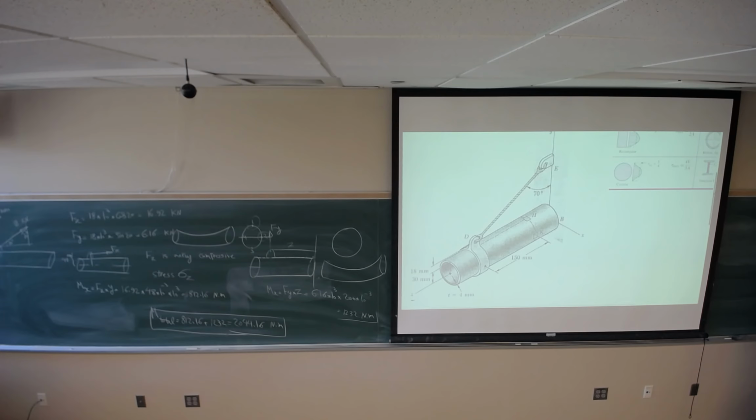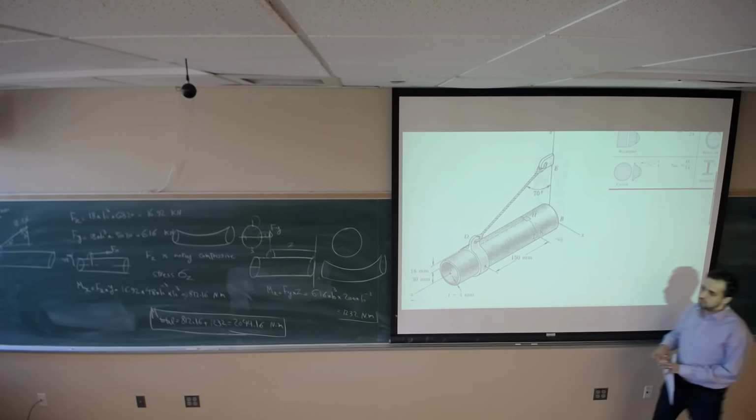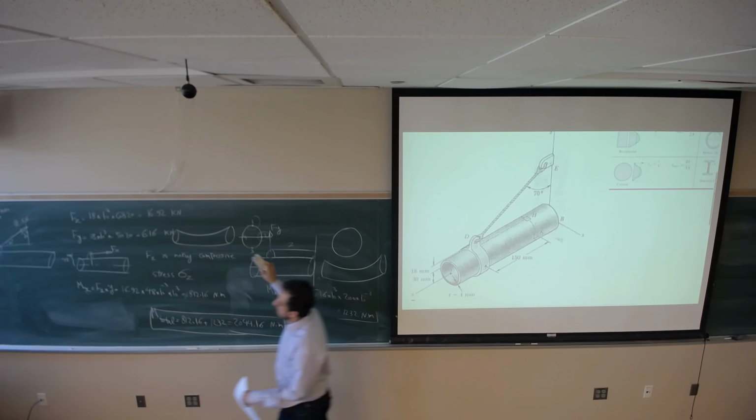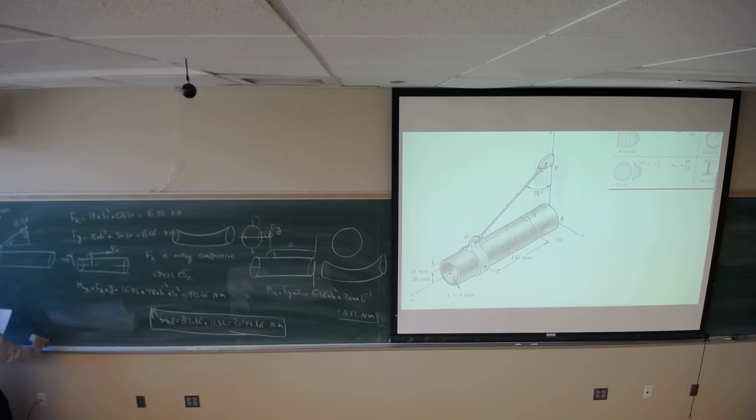On problem 3 of exam 1, you had something like this. You were supposed to find the shear stress due to the transverse shear. Sigma z due to the axial load is going to be Fz divided by the area.